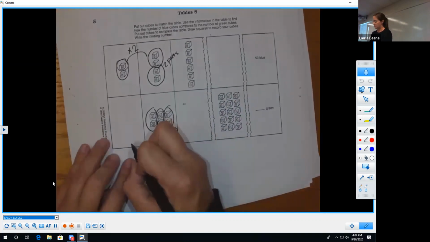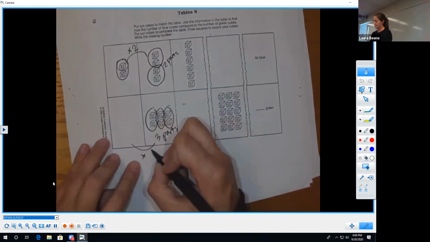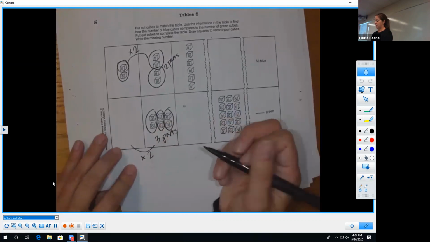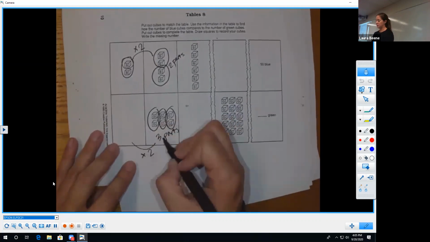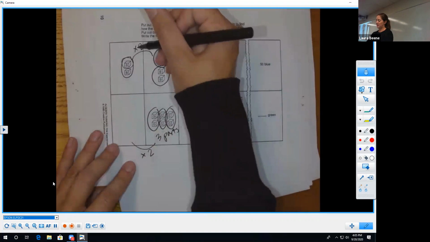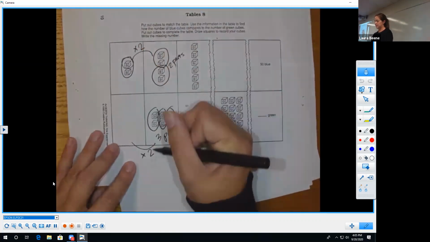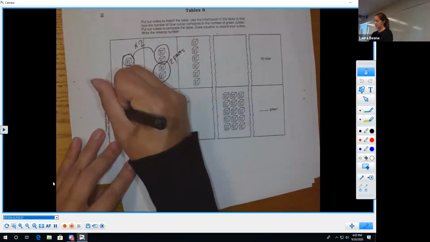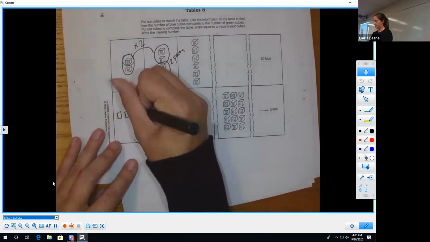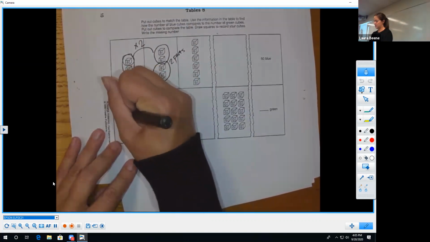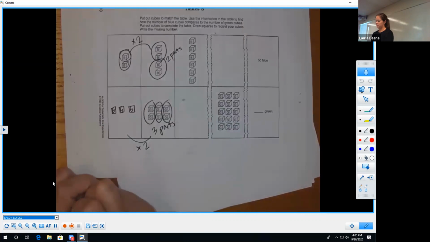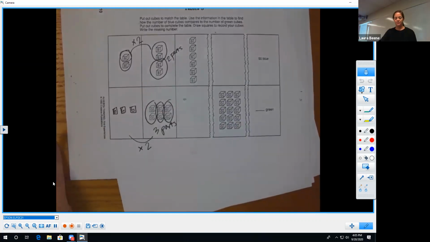Okay, so to go from here to here, it's like I would multiply by 2 also. So 4 divided by 2 is 2, and 6 divided by 2 is 3. And these would be green blocks down here. Okay.